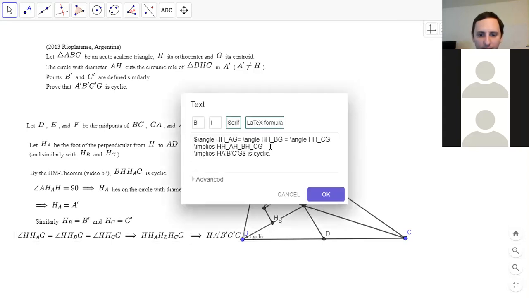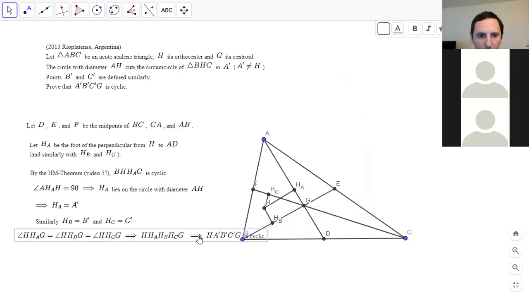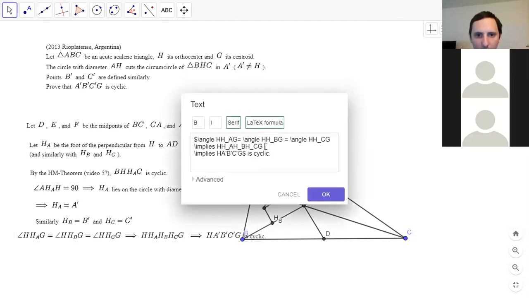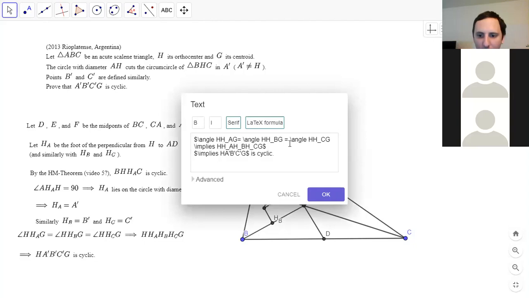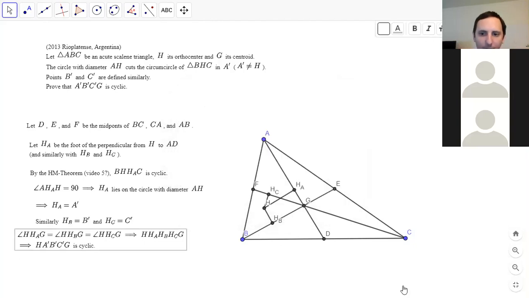How do I fix this? Does that do anything? Ah, this is so weird. There we go. All right, so I will move on to the next one.